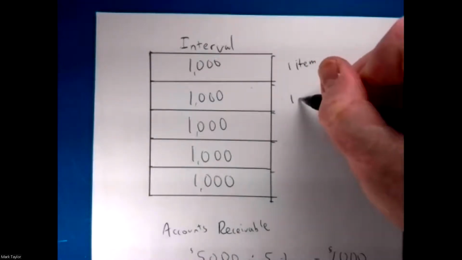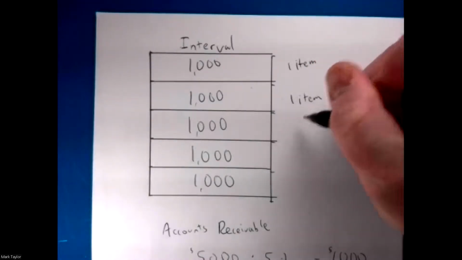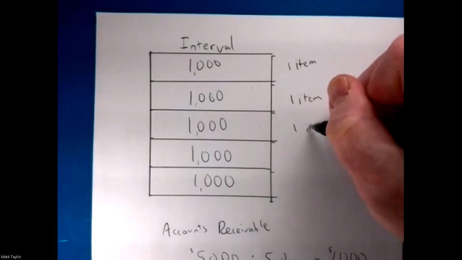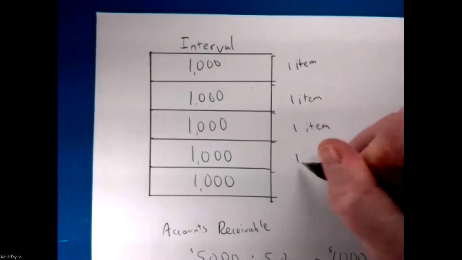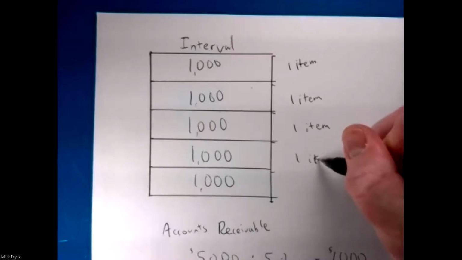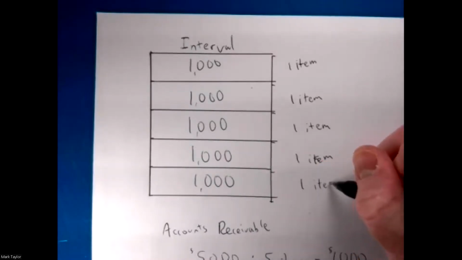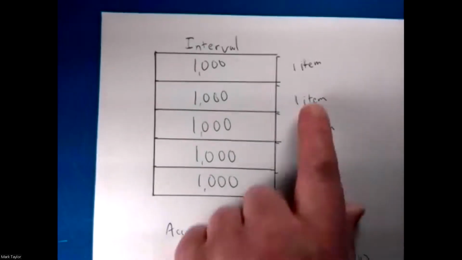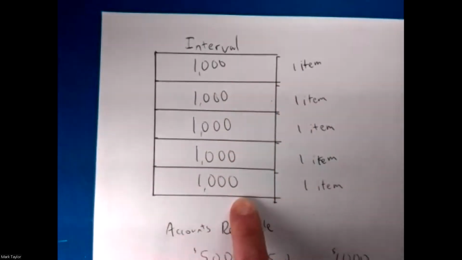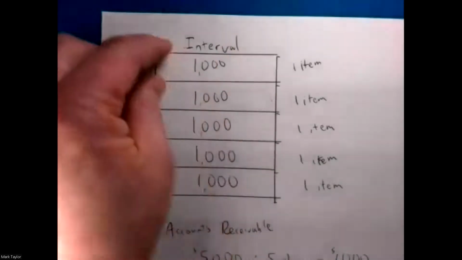We'll take one item from this one. One item. You're kind of seeing where this is going. So I take one item that'll represent that entire interval, that entire chunk of it.